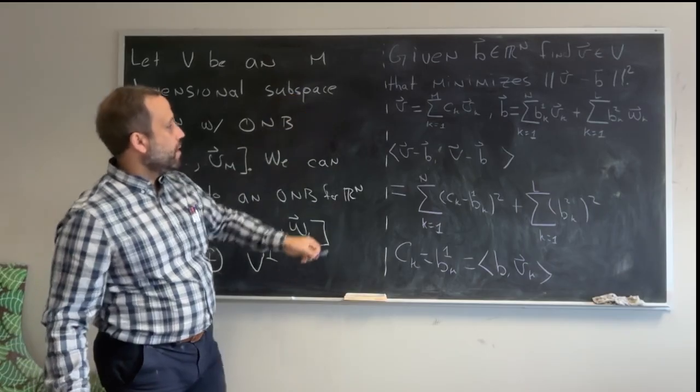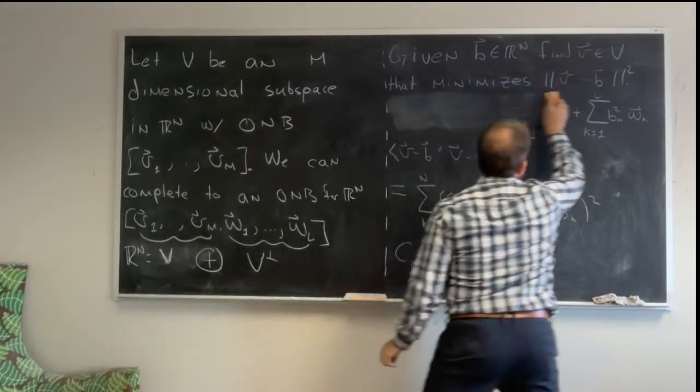So we want to find the v that minimizes this, and we have a formula for it.